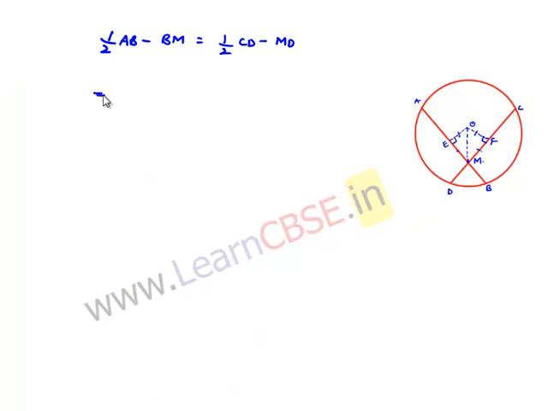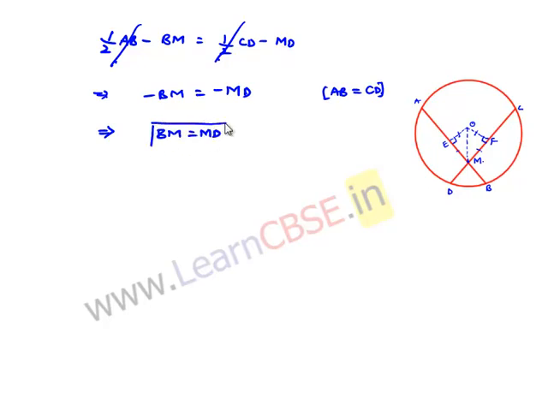But we know that AB is equal to CD since we have taken equal chords. Therefore, half AB will cancel on both sides. We are left with minus BM is equal to minus MD, which implies BM is equal to MD.